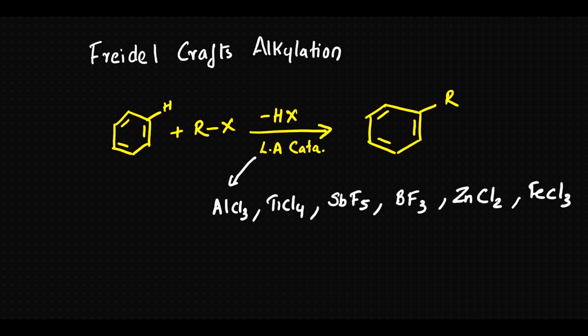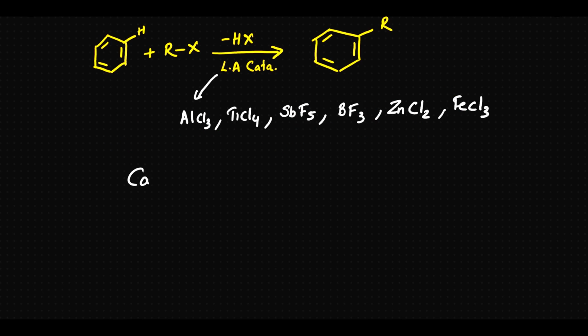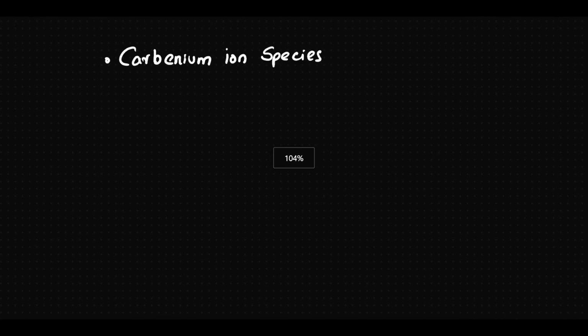Okay. This usually happens through a carbenium ion species formation. So now let us look at the mechanism.